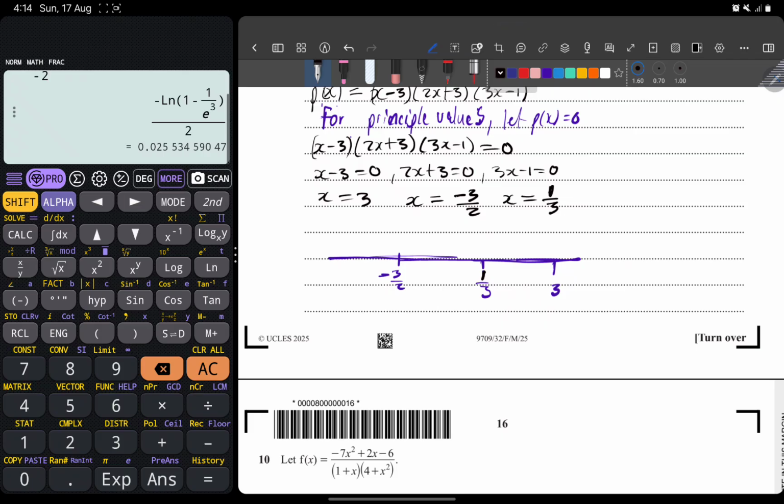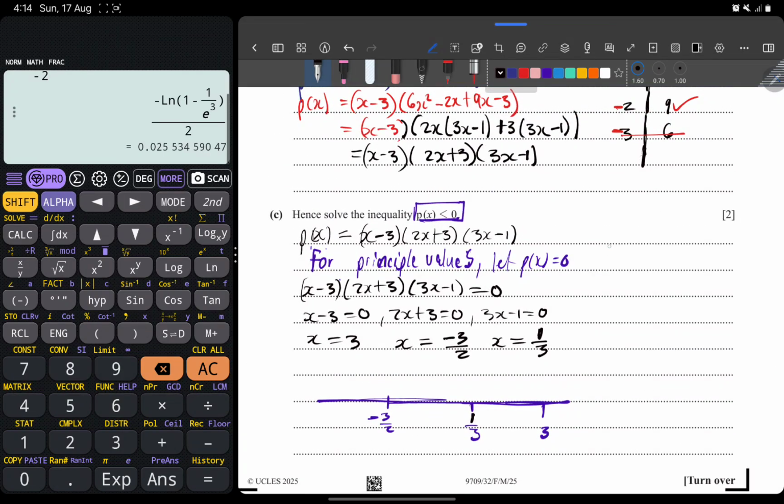It will tell you the rest. So for P of x being equal to x minus 3 multiplying 2x plus 3 multiplying 3x minus 1, I'll say let x be equal to 0. Then I'll get P of 0.